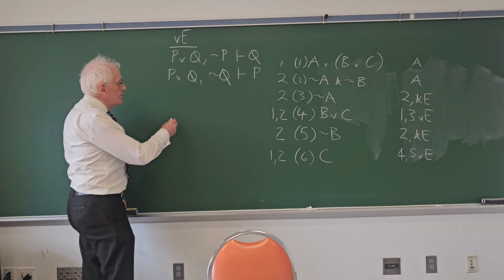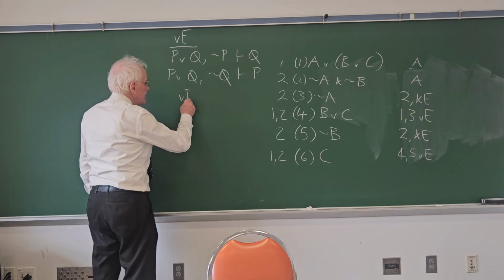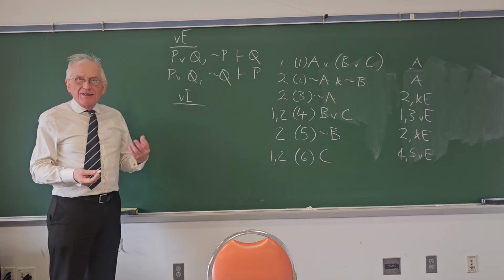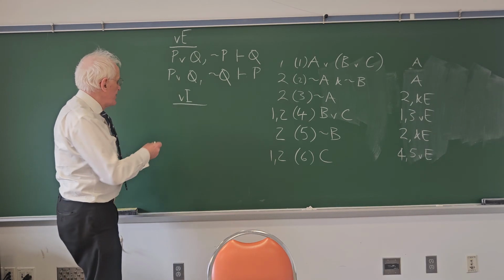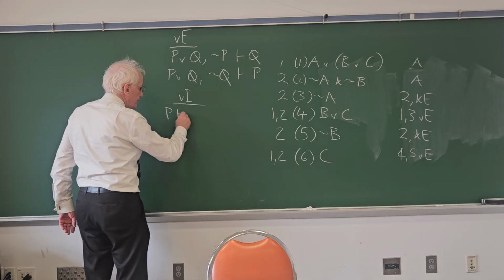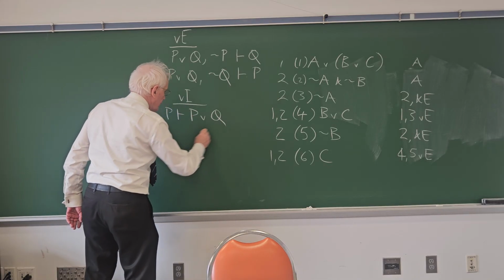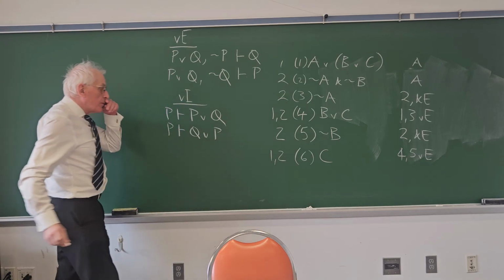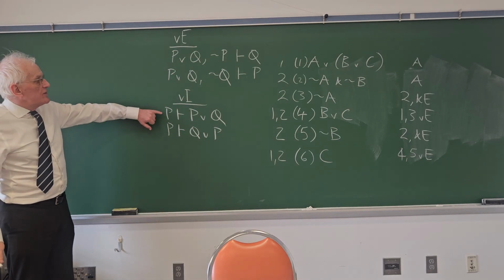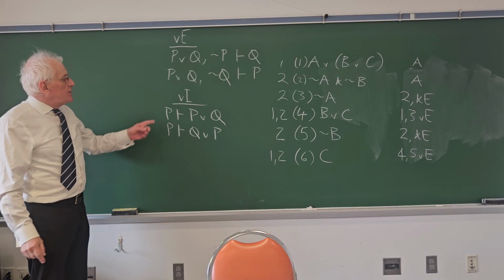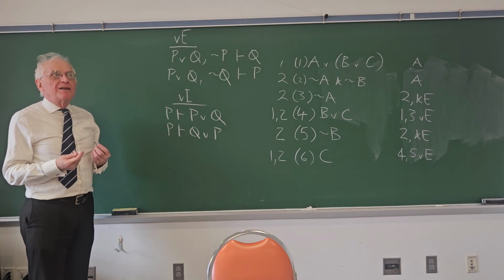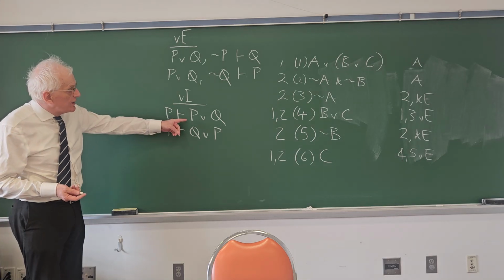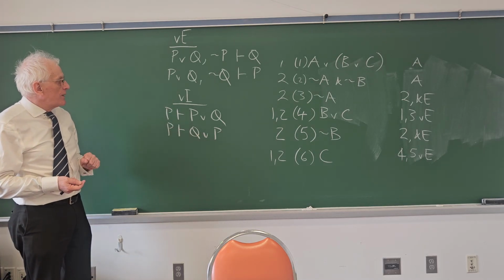The other rule, wedge introduction, is puzzling but clearly truth preserving. From any sentence, P, let's say, you can truth-preservingly conclude a disjunction with that sentence as one of the disjuncts, whether it's the left disjunct or the right disjunct.